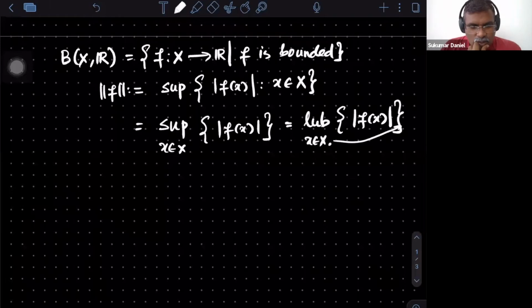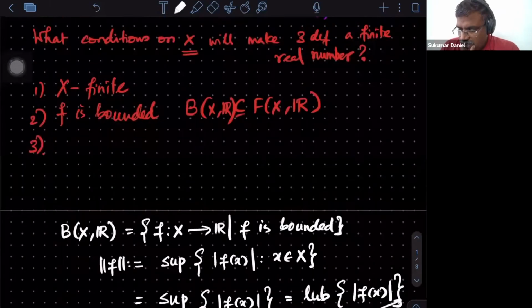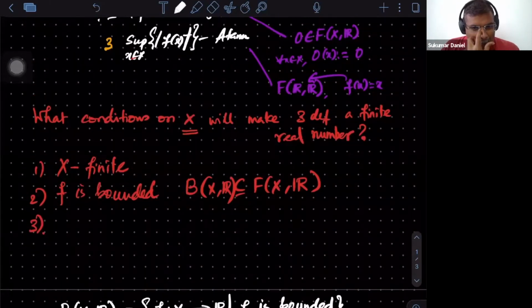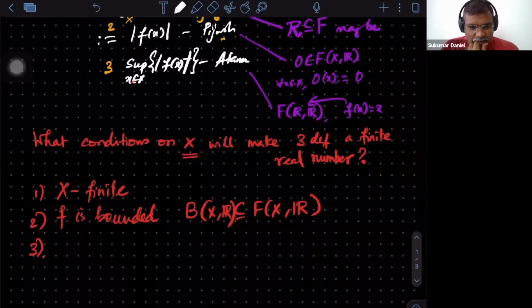Sir, in case 1, there is some question. How can we say it is a finite value? Okay, so Prachi's question is the following. Suppose I say that X is finite and I consider 1 by x as the function, and then at 0 it takes an infinite value.